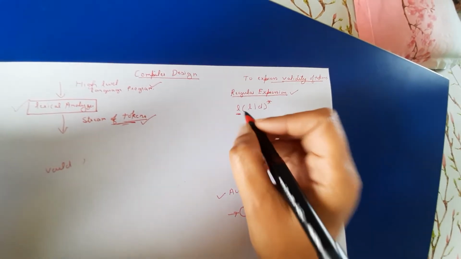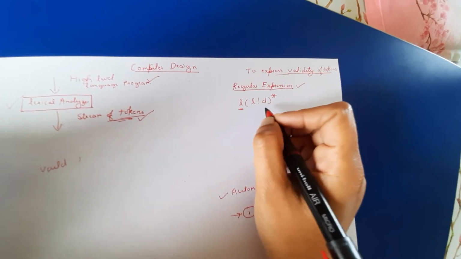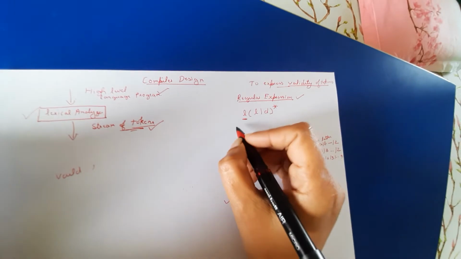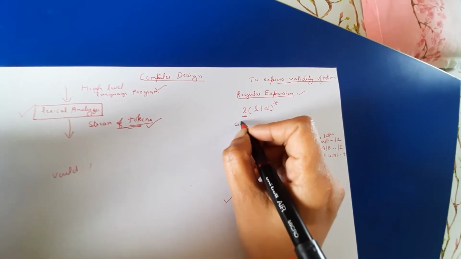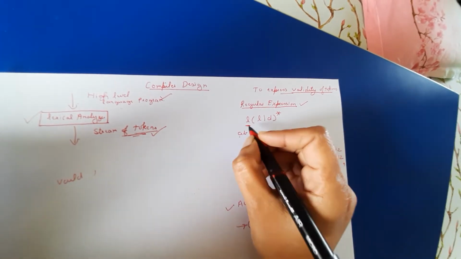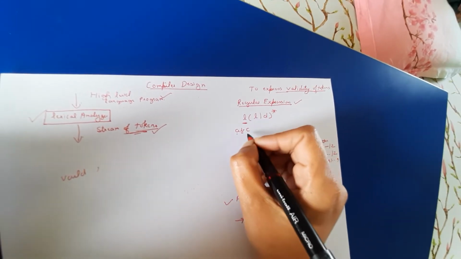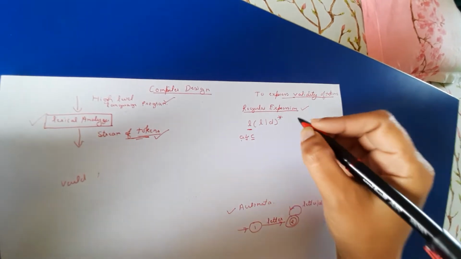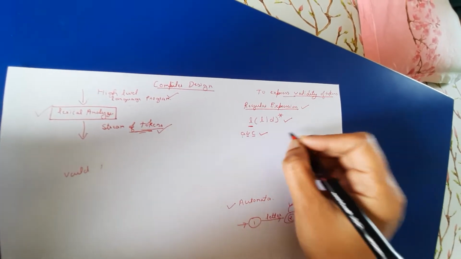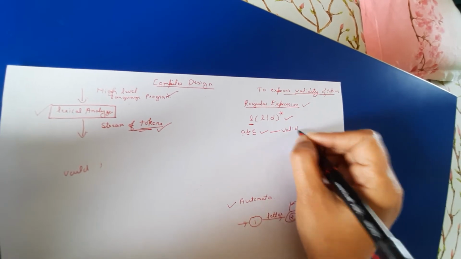According to this regular expression, let us check the validity of a particular token. Suppose I have written a token as ABC. A is a letter, afterwards again a letter, again a letter. According to this regular expression, this is a valid token.